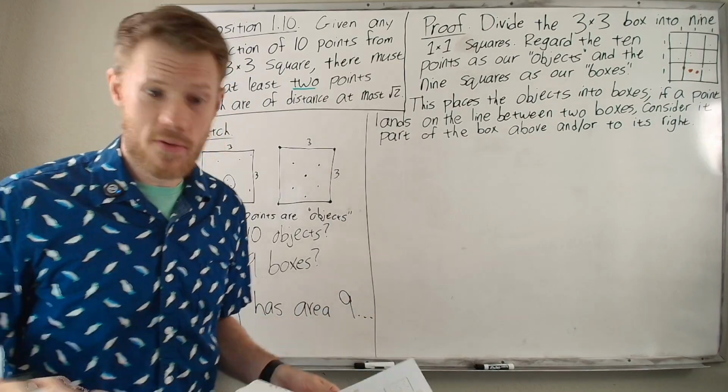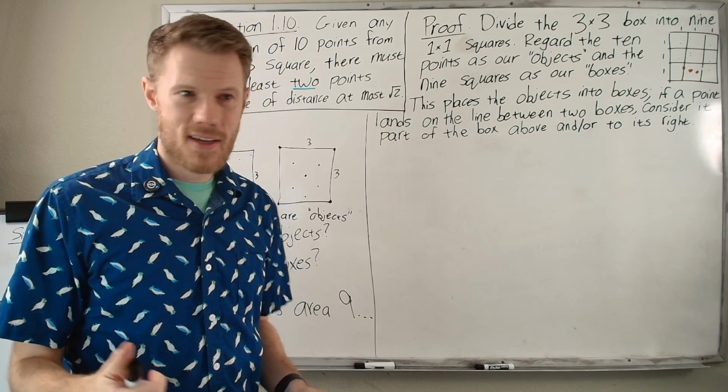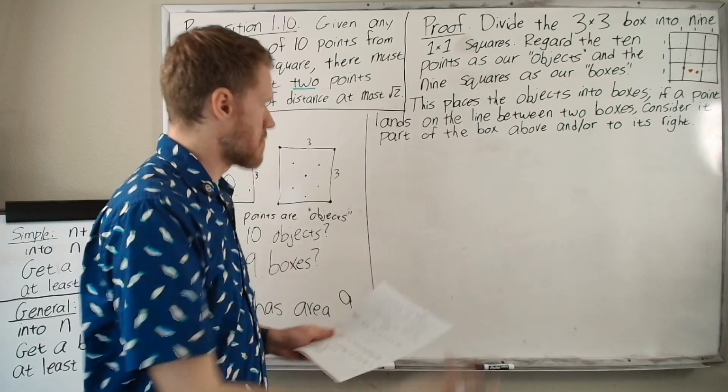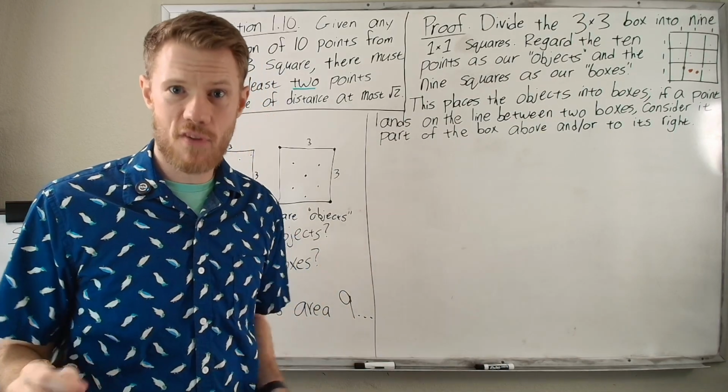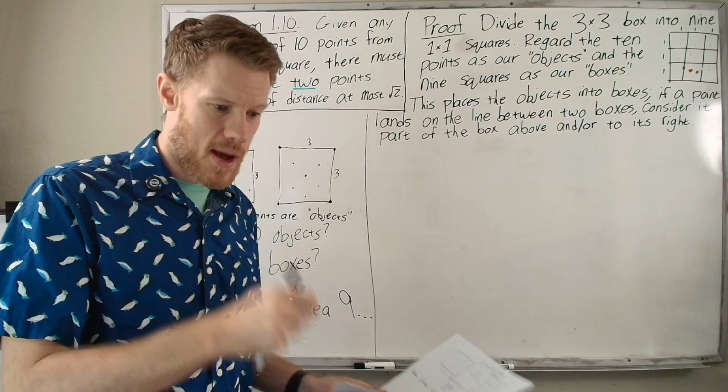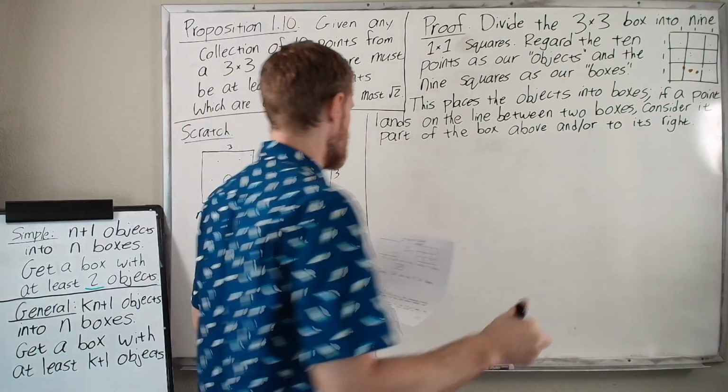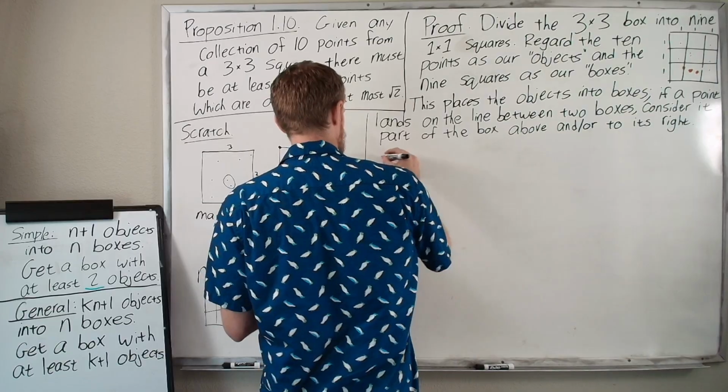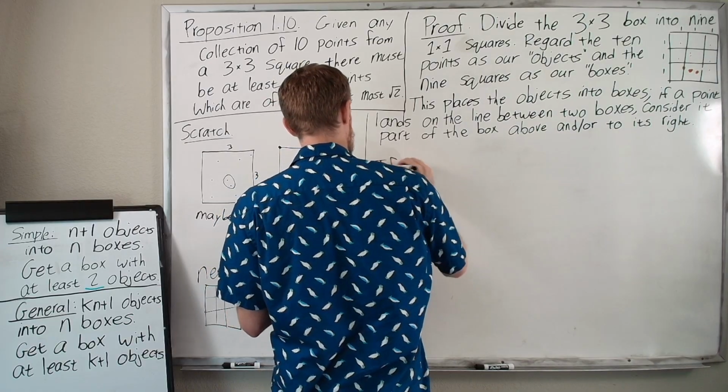Okay, so that's the setup of the proof. I've identified my objects and my boxes, and I've made it very clear how the objects are being placed into the boxes. And now it's time to apply the pigeonhole principle.